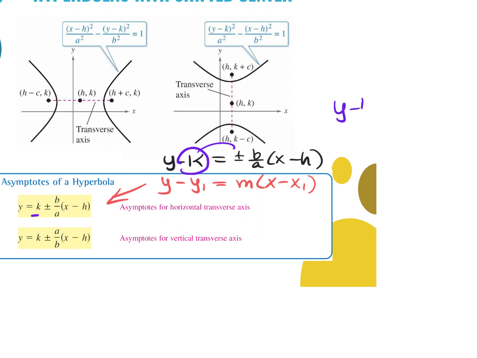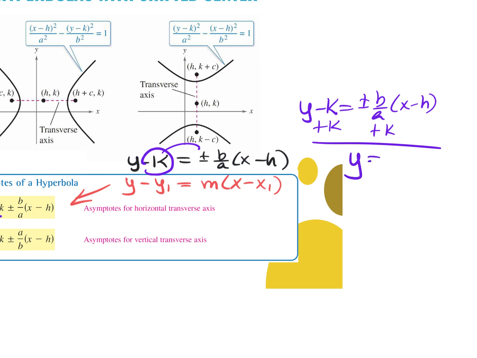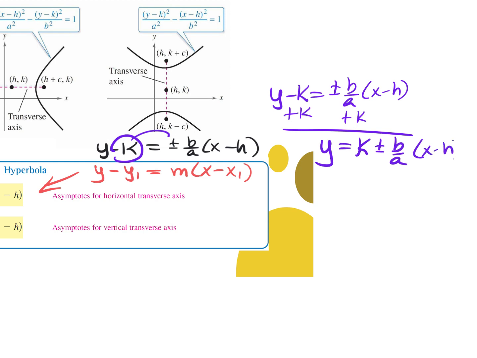So what they did was they manipulated it. They took y minus k equals plus or minus b over a, x minus h. They just added k to the other side, and that's how they got y equals, they have the k first, k plus or minus b over a, x minus h.